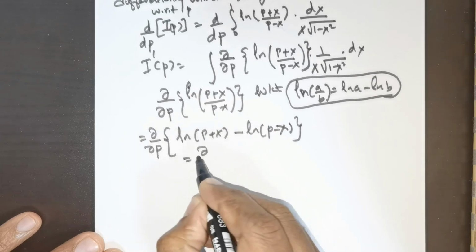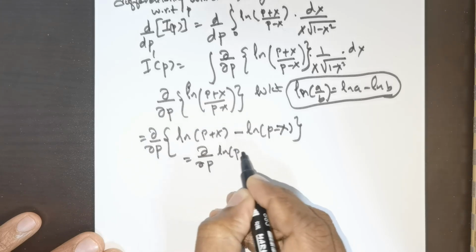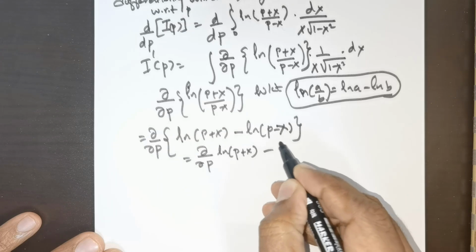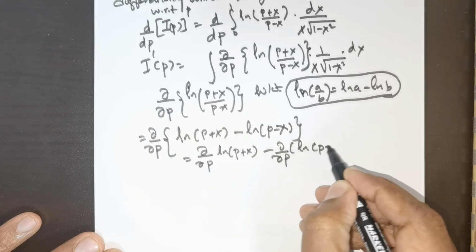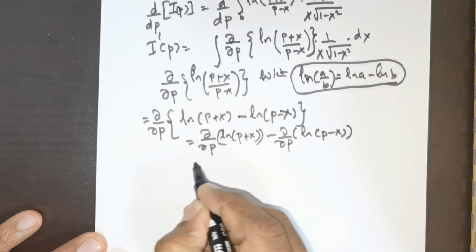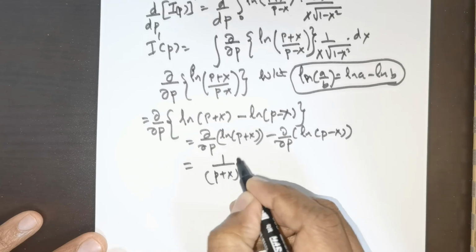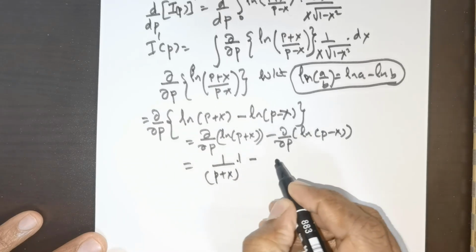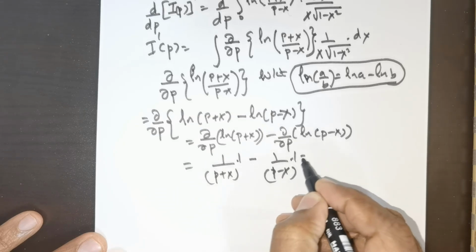You can distribute this first: partial derivative with respect to p of ln of (p + x) minus partial derivative with respect to p of ln of (p - x). So you partially differentiate, you get 1 over (p + x), differentiation of p is 1, minus 1 over (p - x), differentiation of p is 1.